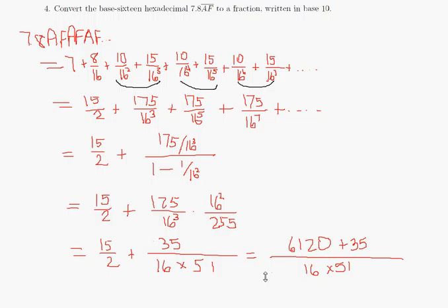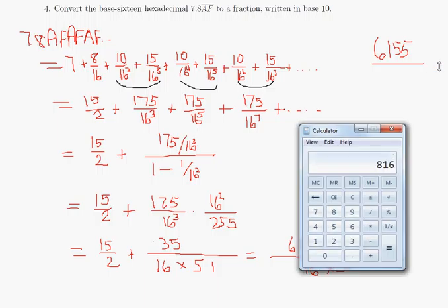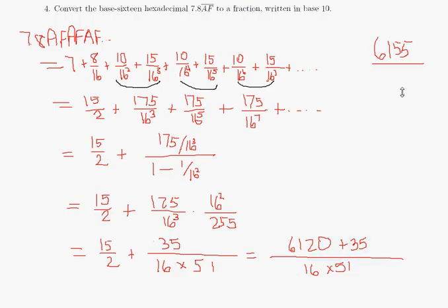So it looks like our final answer is going to be 6155 divided by 16 times 51, which is 816.